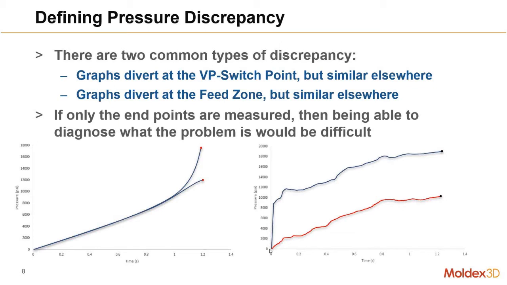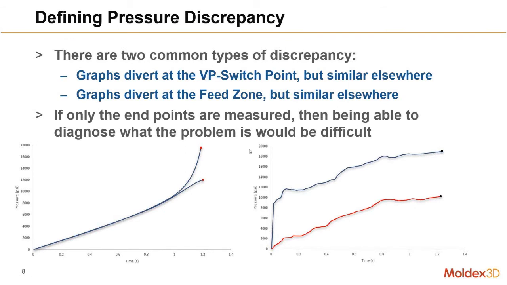We're missing a major component of our feed system. Identifying where these discrepancies lie in the sprue pressure curve is going to give you the most information possible as to where the differences lie between simulation and what's happening in reality.